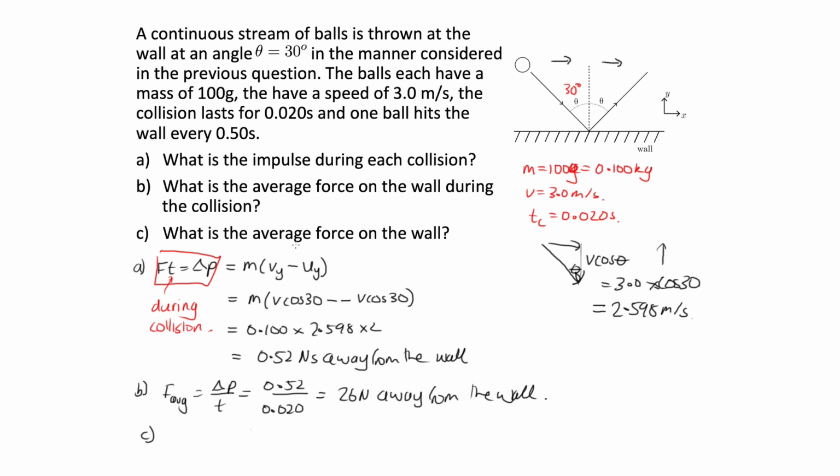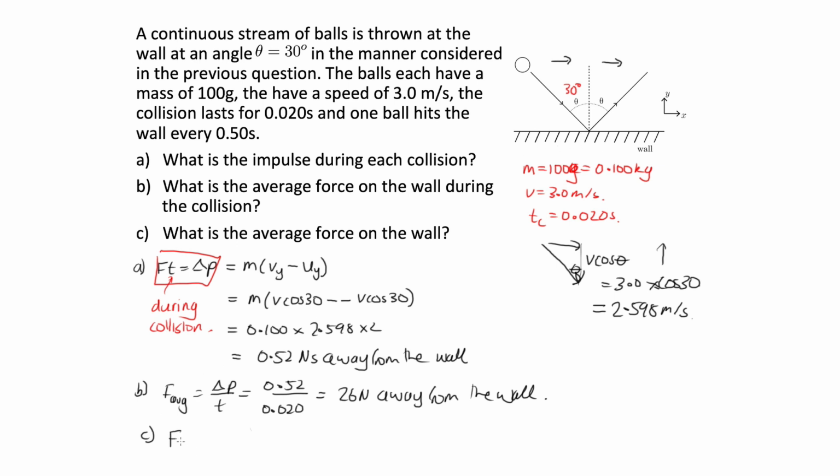Part C then says, what is the average force on the wall? So to get the average force overall, we'll need the change in momentum, but the time, rather than being just during the collision, is now the time between the balls hitting the wall.